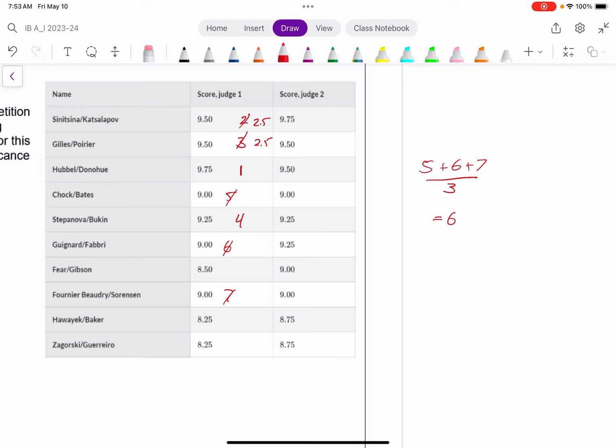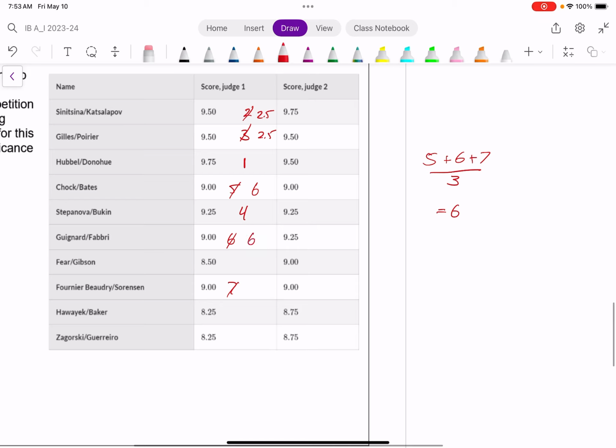And I get exactly 6. So each of these we rank as a 6. Just about done. I got an 8.5. So that's my person 8th. And then 9th and 10th down here are tied. So again, I'll add them up, divide by 2, and I get 9.5. So those are the rankings for Judge 1.